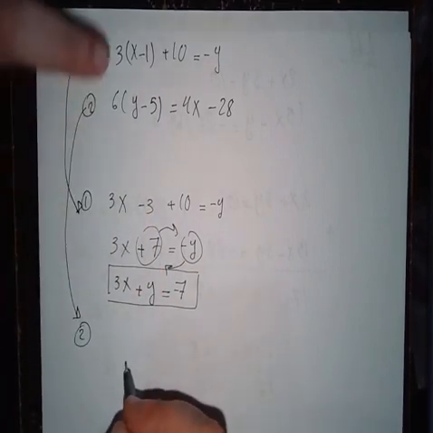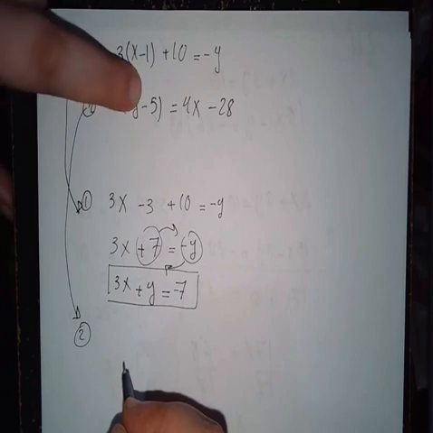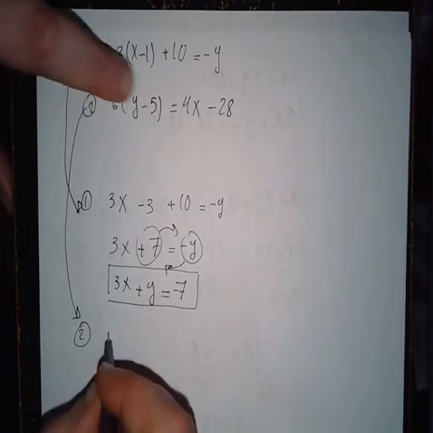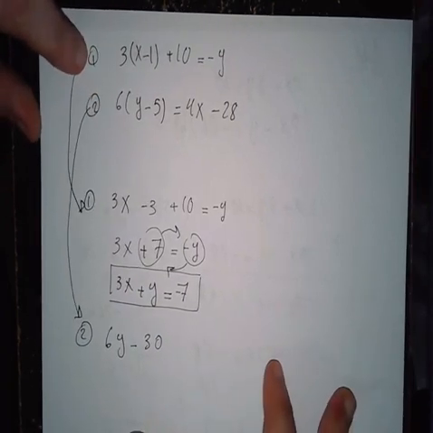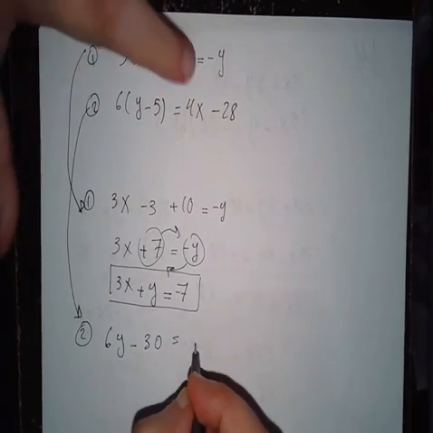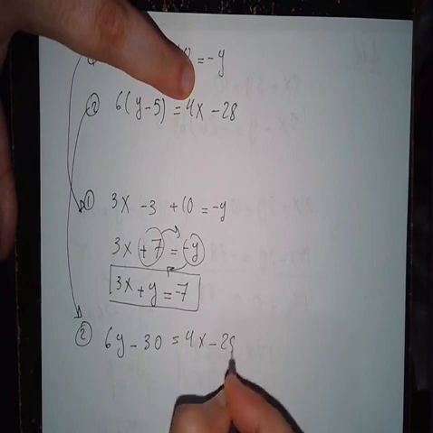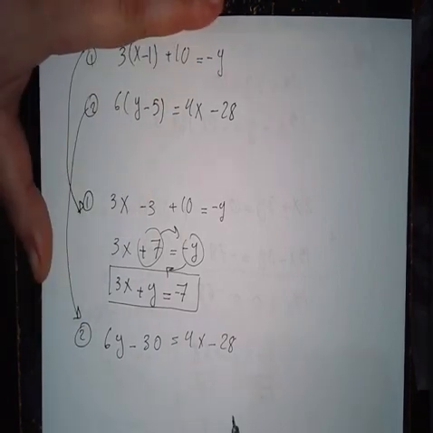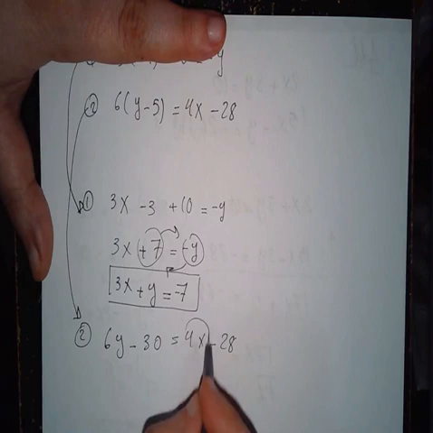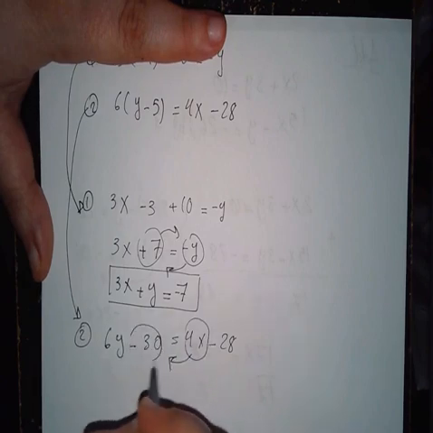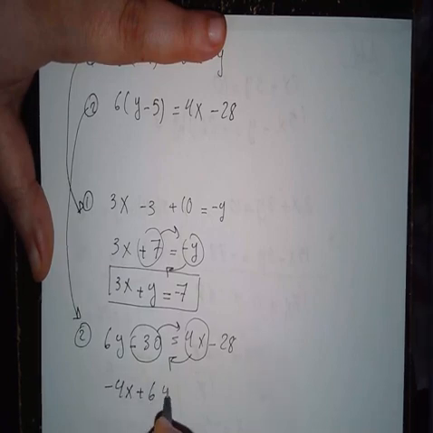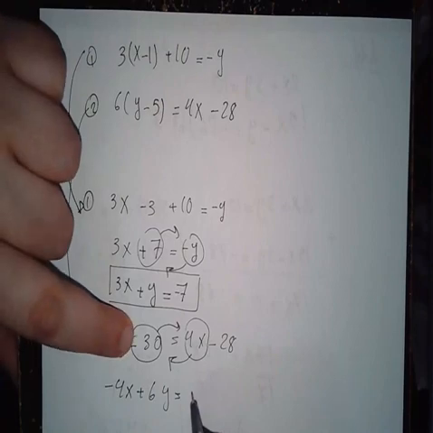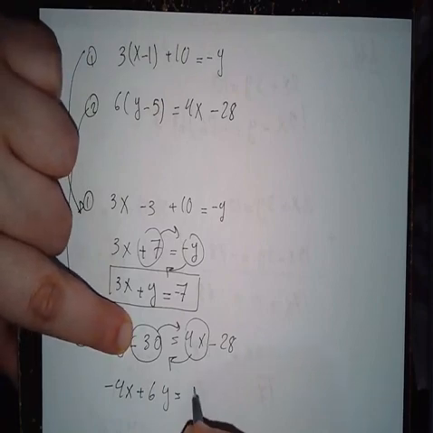Okay. Now we're doing this one. So 6 gets multiplied into this parenthesis. We get 6y minus 30, right? It equals 4x minus 28. Yeah? Now I'm going to grab the 4x and move it here. Grab the 30 and move it to the opposite side. So you end up with negative 4x plus 6y, and it equals positive 30 minus 28, which is a positive 2.